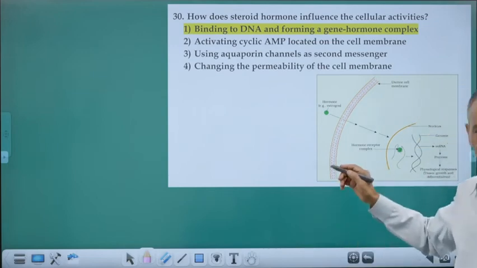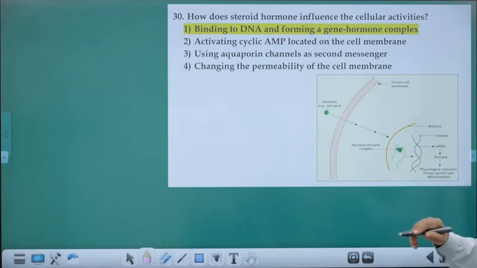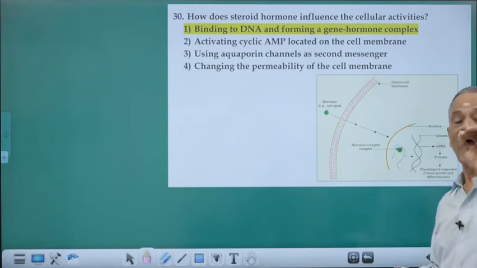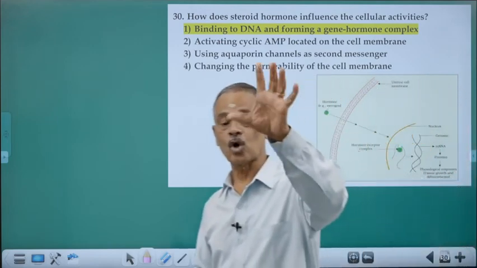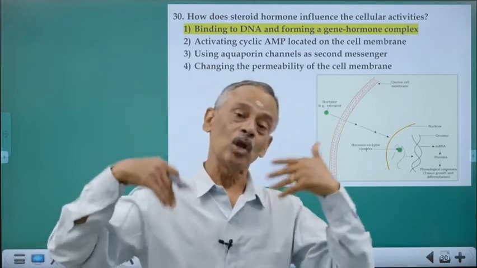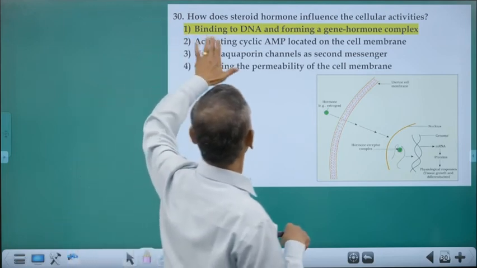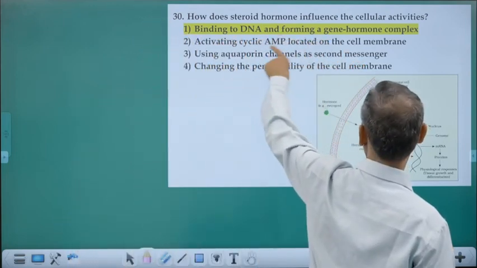Though it is very slow in action, it will be very long lasting. Protein hormones are quick in action, but their action lasts only a short time, whereas this one will last a long time. So, how do steroid hormones influence?